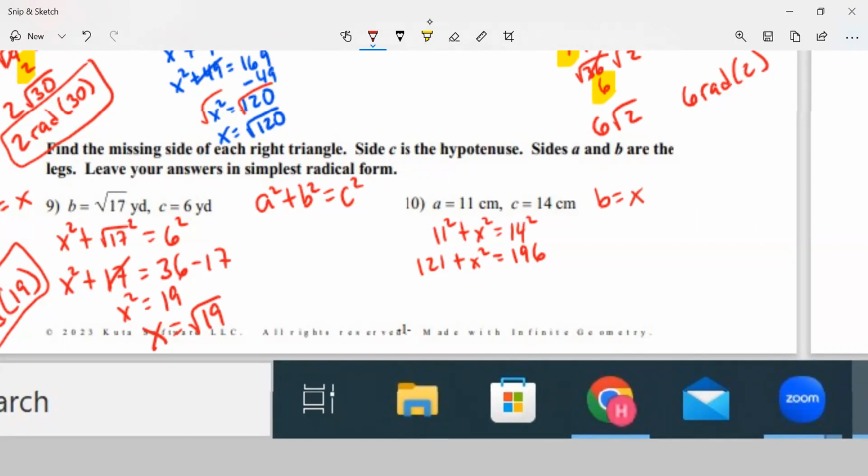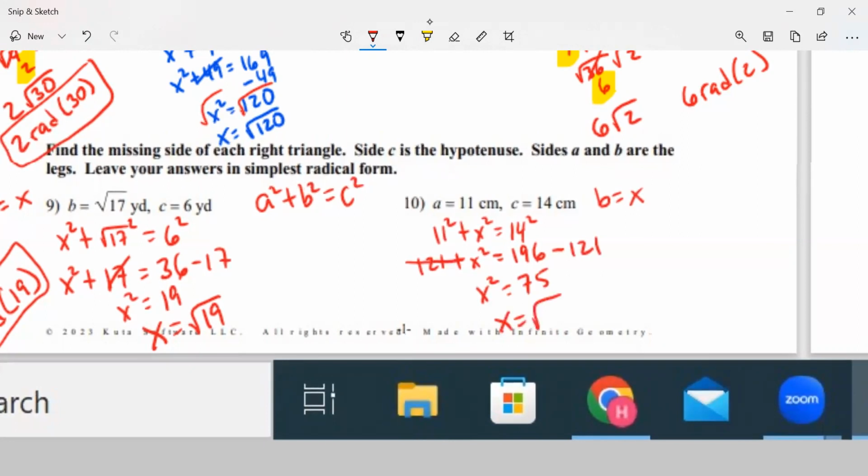Okay, so I want the X squared by itself, so let me move the 121 as a minus 121. So I get X squared equals 196 minus 121, which is going to give me 75. So X is equal to the square root of 75. Okay, simplify if possible, because it says leave your answers in simplest radical form.